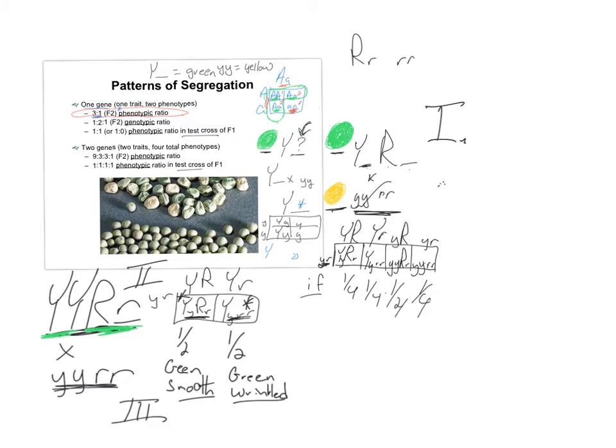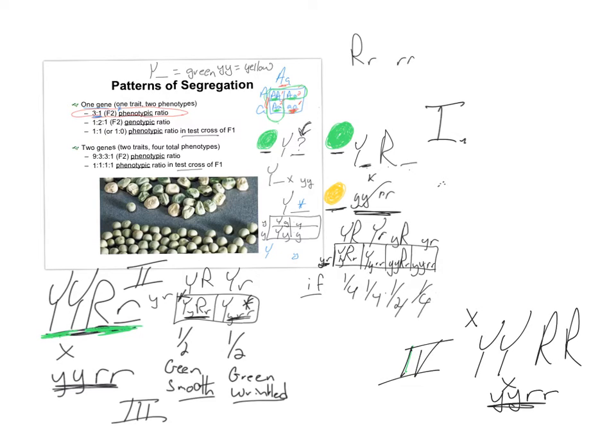And then, of course, the final possibility is the fourth possibility. In the fourth possibility, you have both of them being homozygous dominant, and that's crossed with the homozygous recessive. This is what's called a Testcross. That's the definition of a Testcross. This one can only give one possible gamete, and this one can only give one possible gamete.